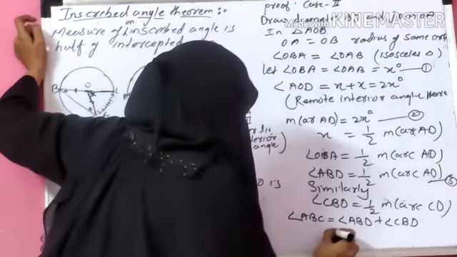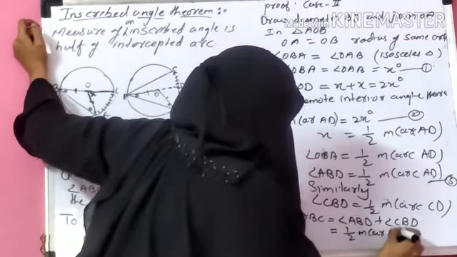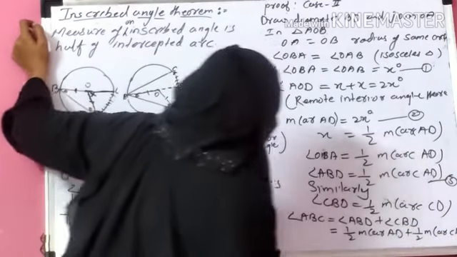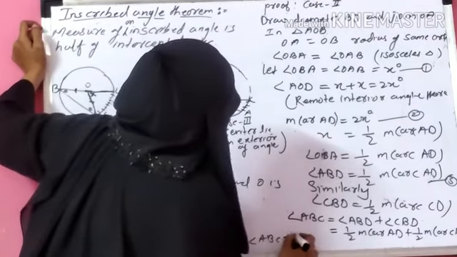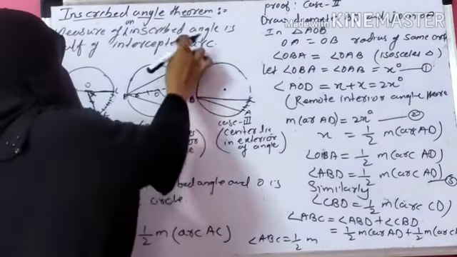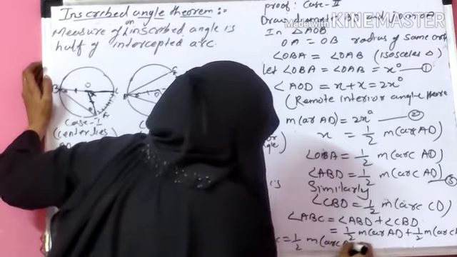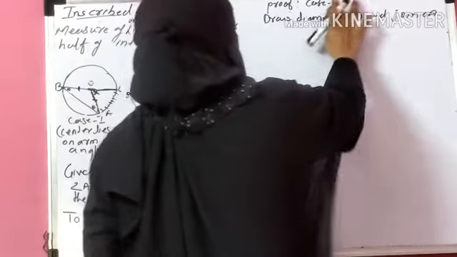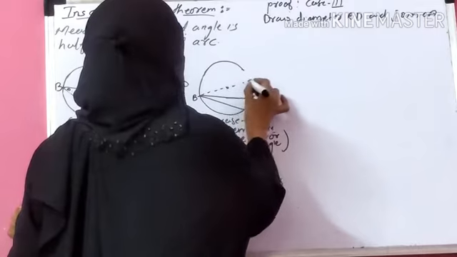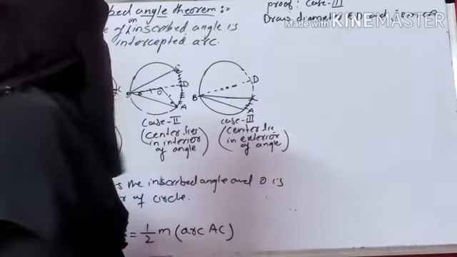Angle ABD is half of the measure of arc AD, and angle CBD is half of the measure of arc CD. So angle ABC is half of the measure of arc AD plus CD, which is arc AC. So this is your second case. Now case 3. In the third case, you have to draw diameter BD as a construction.